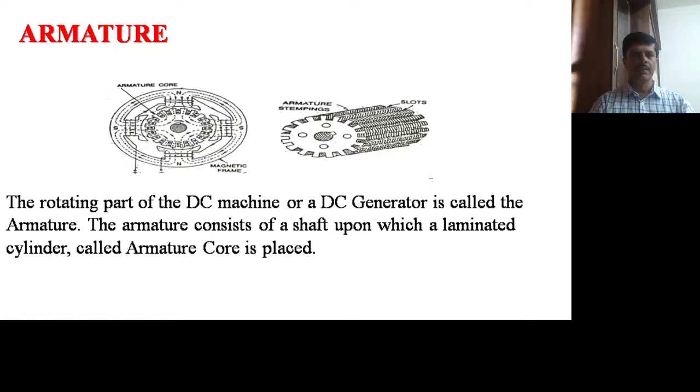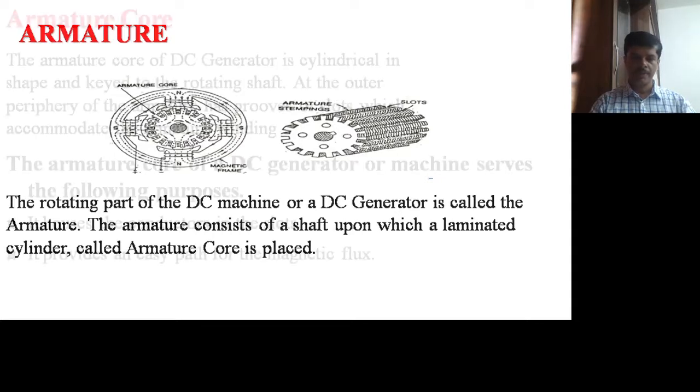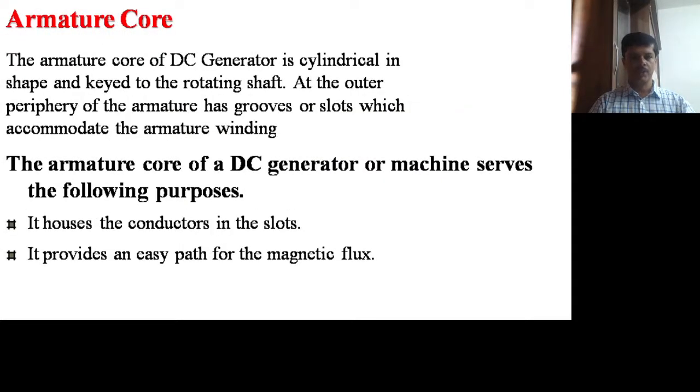Armature. The armature is the rotating part in a DC generator. It is connected to the shaft upon which the laminated cylinder is placed.